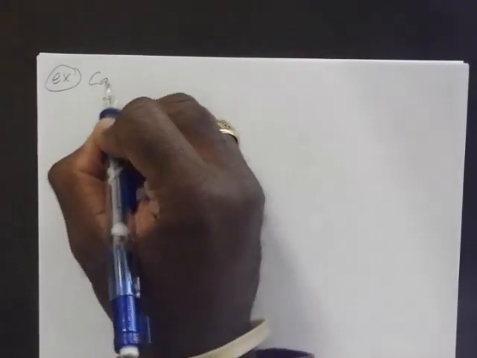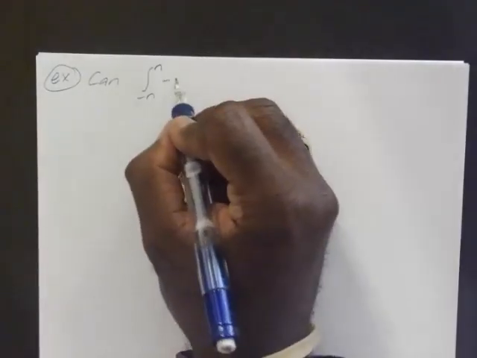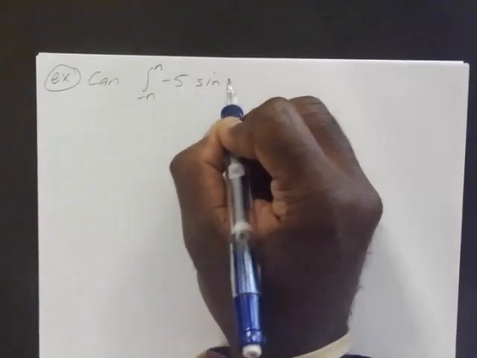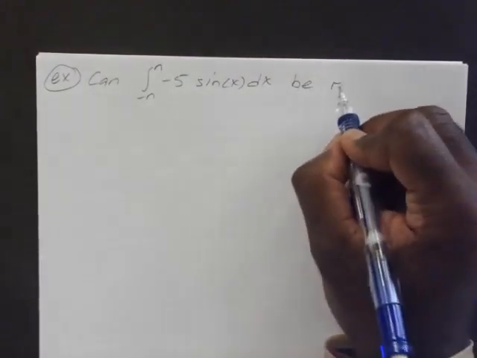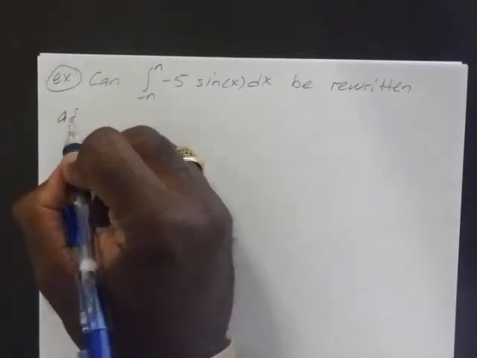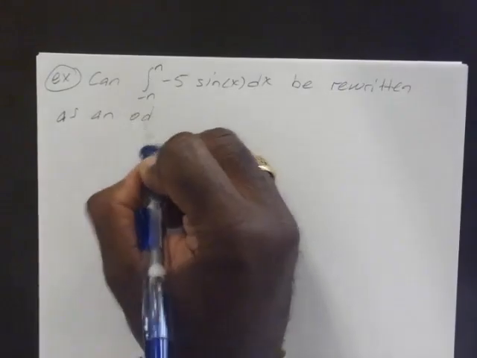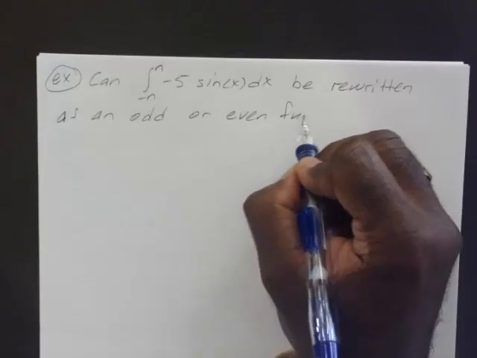So let's say we want to know, can the integral from negative n to n of negative 5 times sine of x dx be rewritten as an odd or even function?